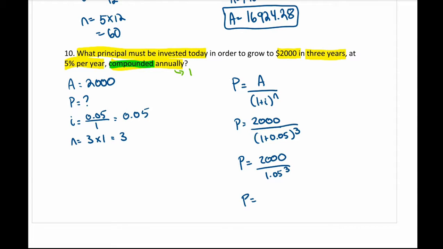And in the end, I get $1,727.68. So that means that I need to invest $1,727.68 so that after 3 years of investing it at this rate, I will get $2,000.